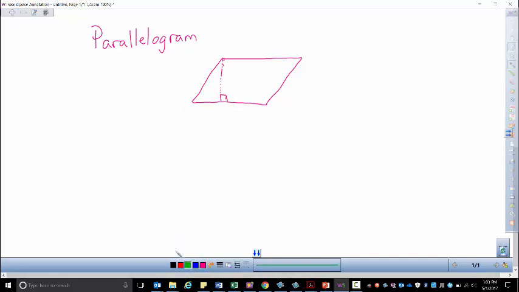So if I say that this is 5 centimeters and this is 7 centimeters, and let's say that the height is 4 centimeters. So when I find the area, I do the same formula, the base times the height.